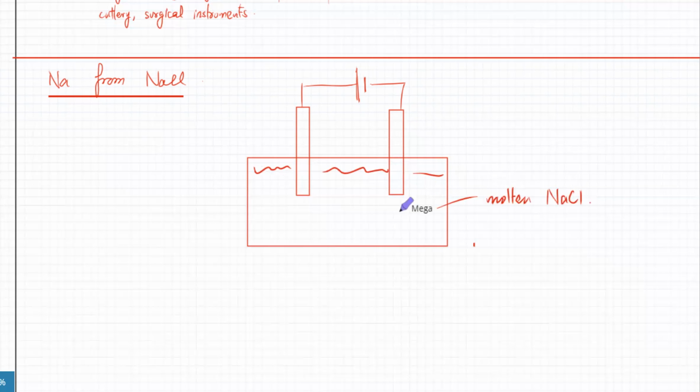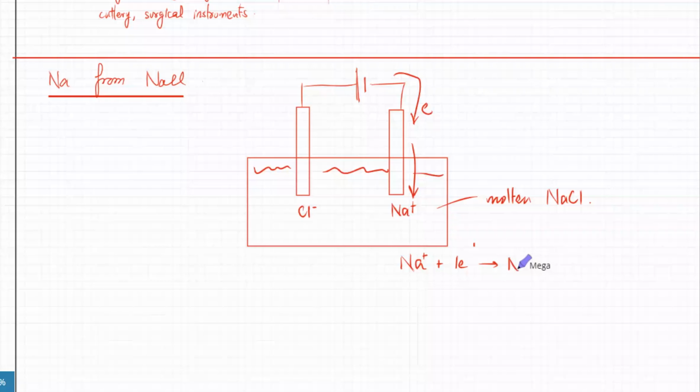So in molten NaCl, there's only going to be sodium ions and Cl- ions. That's it, 2 things. Battery जो है वो एक side electrons दे रही होगी, so the electrons are going to go to Na. So Na is the one that's going to gain electrons and form sodium metal. दूसरी side पे battery would be removing electrons.